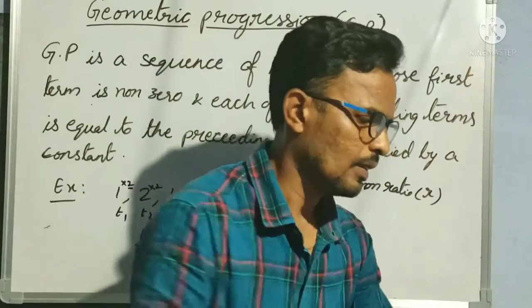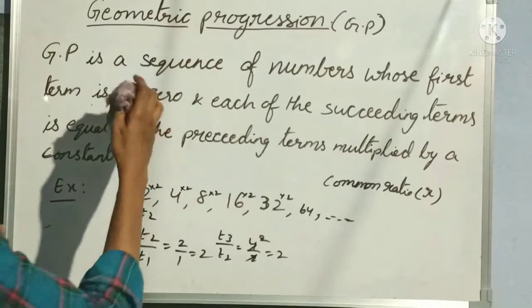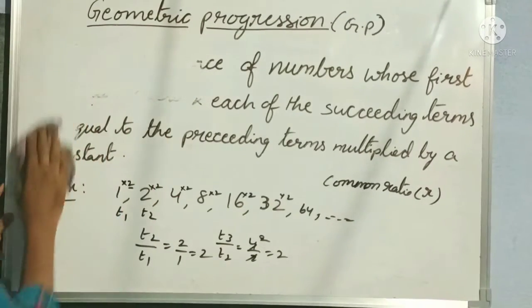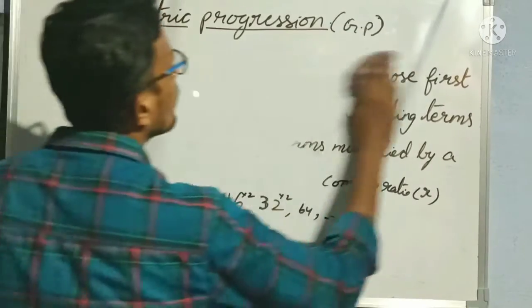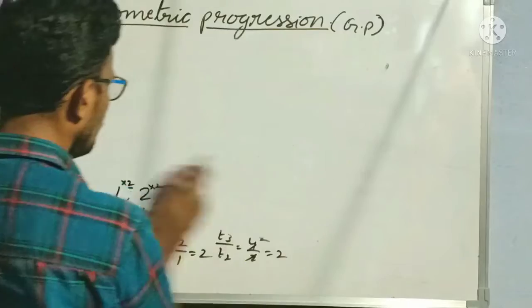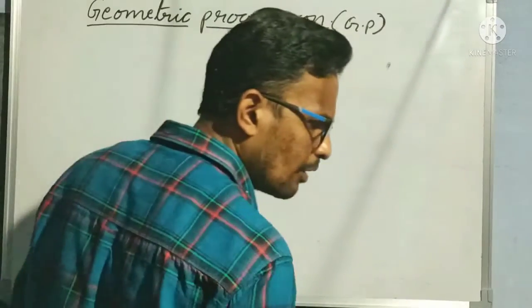Same as arithmetic progression, we have one formula for finding the general term of geometric progression also. Shall we discuss that now? So I am erasing this definition. Next, let us find out the general term of GP.